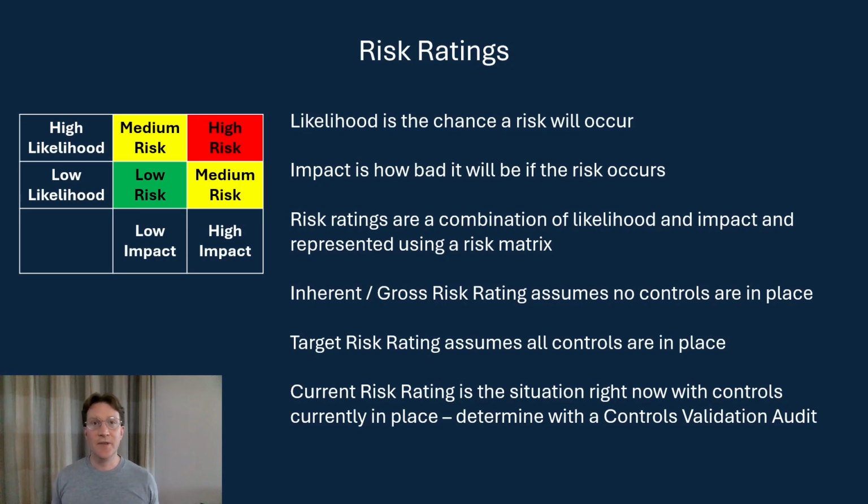The current risk is the situation where we are right now, which is probably going to be that we have some controls in place, but they may not necessarily be fully effective. We don't actually know this, and that is not the purpose of this document. We determine what the current risk rating is in the controls validation audit, where we look in great detail at what controls are actually in place and whether they're working effectively or not.